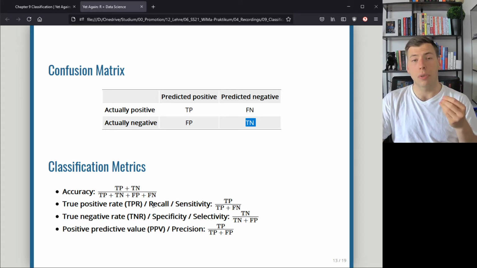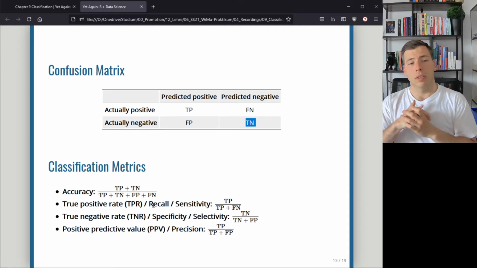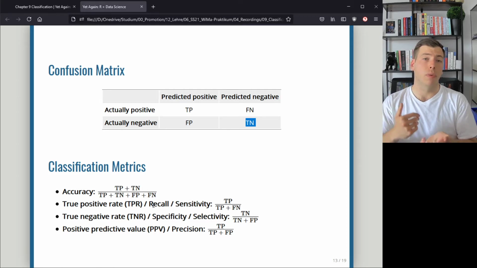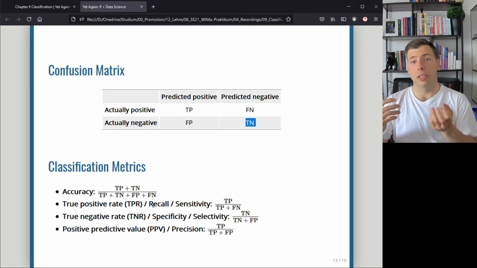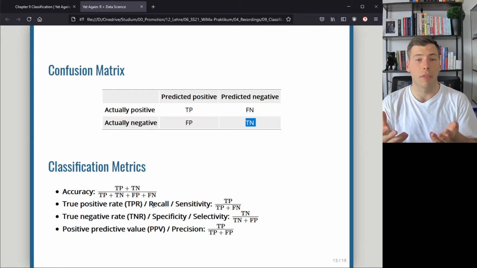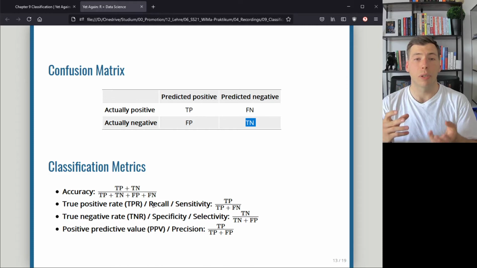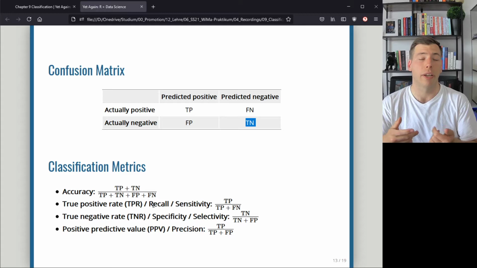But this accuracy is not enough, because depending on your data set, you could get a really great accuracy with a really bad classifier. For instance, if you want to diagnose a really rare disease, then you might test often, but you will rarely meet someone who actually has that rare disease. Therefore, this data set will contain a lot of people who don't actually have the disease.